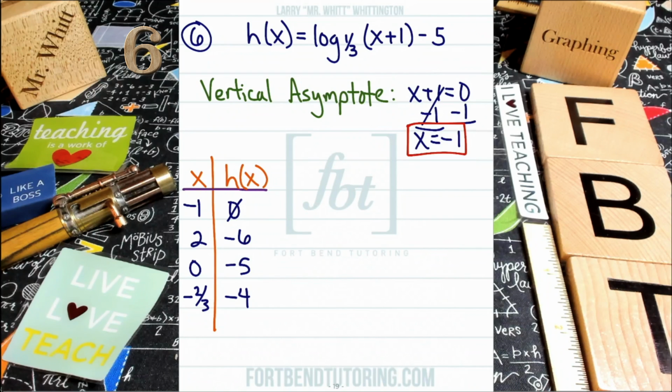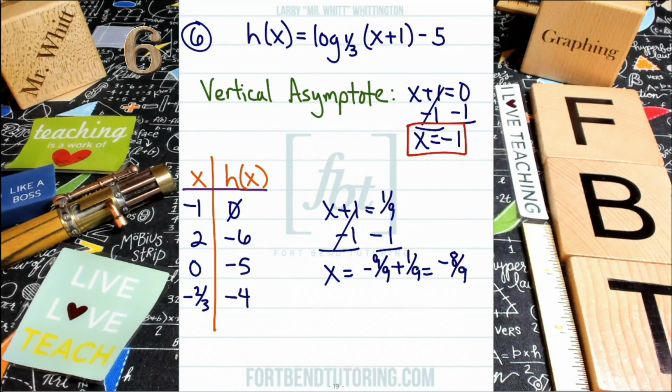Finally, you want to find out what happens when your base is squared. 1/3 squared is 1/9. So you'll have x plus 1 equals 1/9. When you subtract 1 from both sides, you'll end up with x equals -9/9 plus 1/9 to give you -8/9.